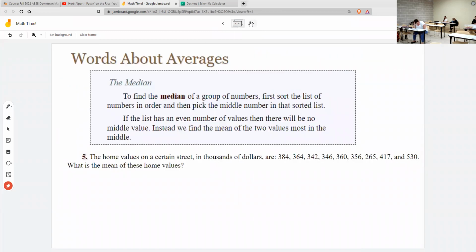There is a problem, though, with the mean, that some big number at the edge is going to throw things off. In this case, the $530,000 house isn't really very typical of the other houses in this neighborhood. Somebody did a lot of remodeling compared to all of the neighbors. And you see this in other demographic examples.